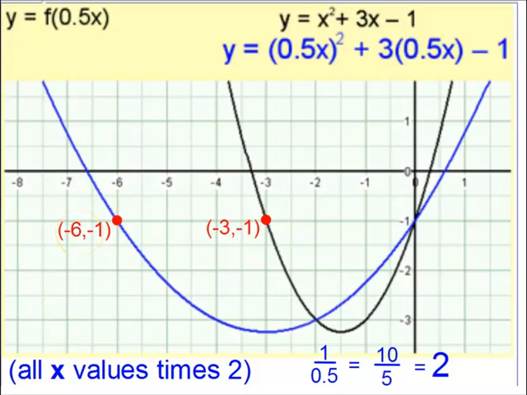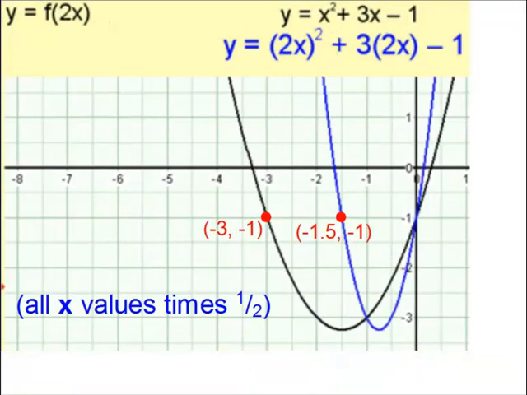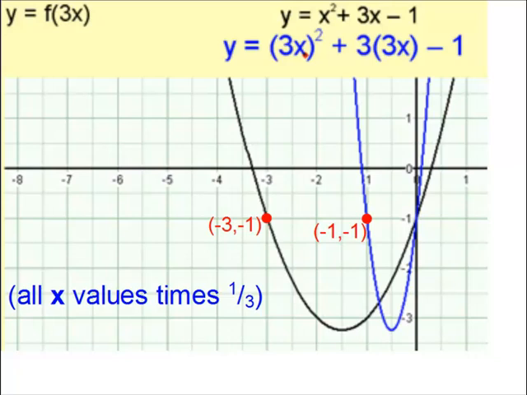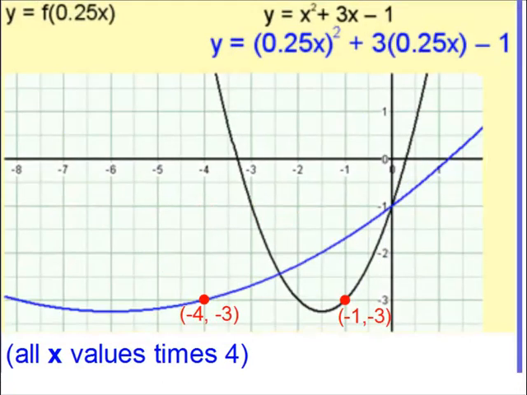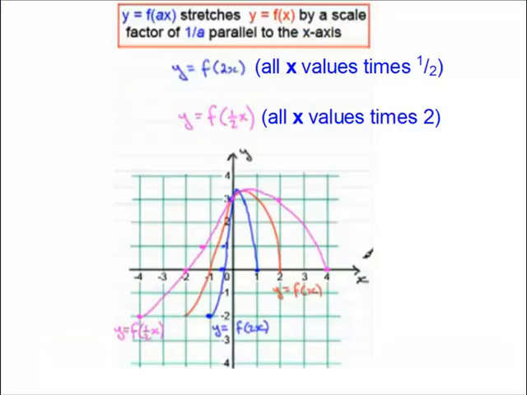I'm just going back through these again very quickly. We can see that in these functions, it's cutting the y-axis at minus 1 each time, because remember the y values did not change. So here we have 3 graphs again, 3 curves.